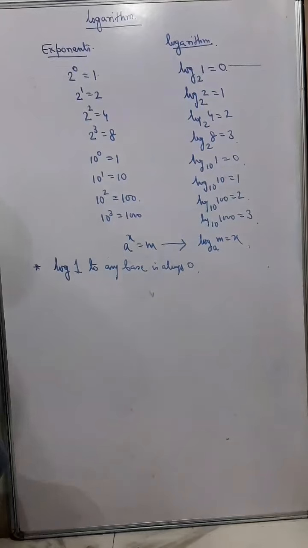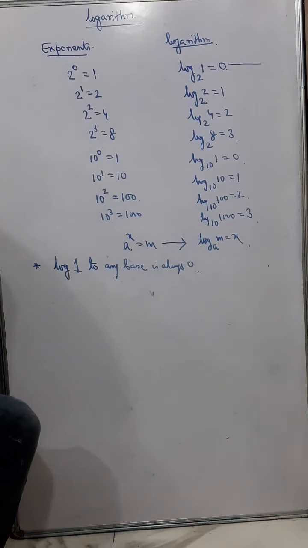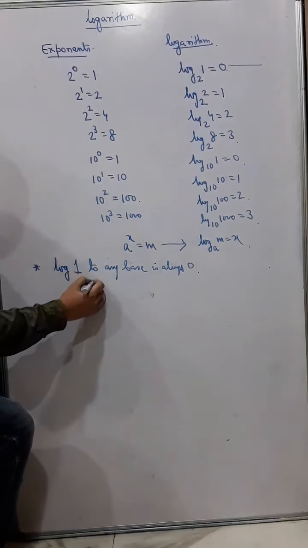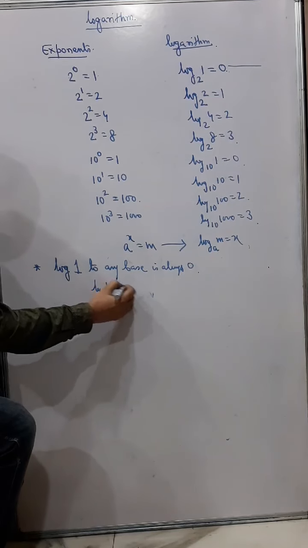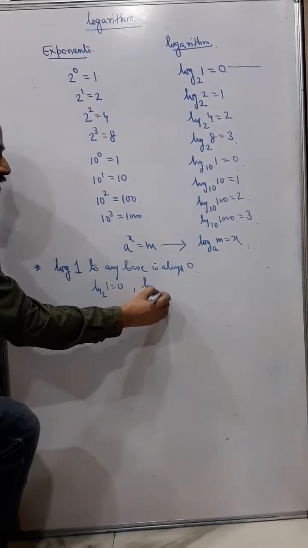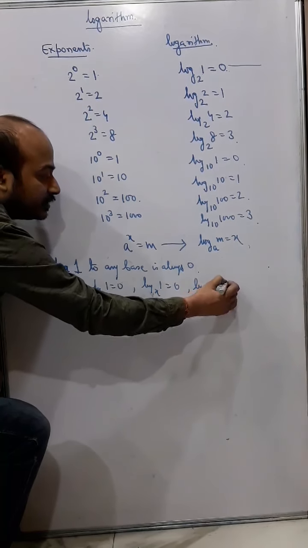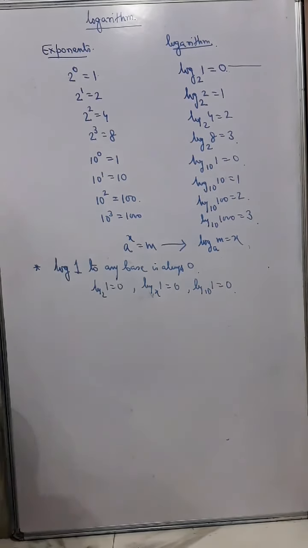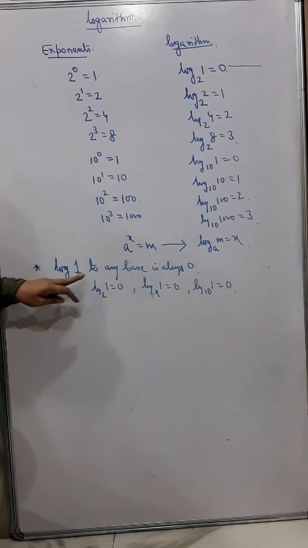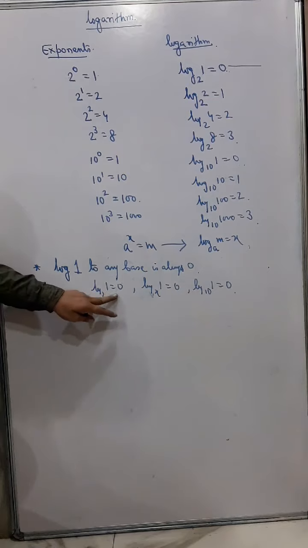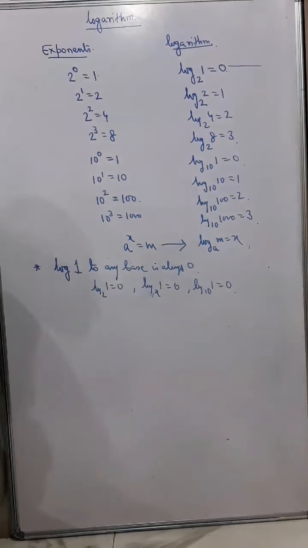So if there is log 1 any base, so that means log base 2 1 equals to 0, log base x 1 equals to 0, log base 10 1 equals to 0. So that means you have to remember that if it is log 1 to any base, then the value of the log will always be 0.